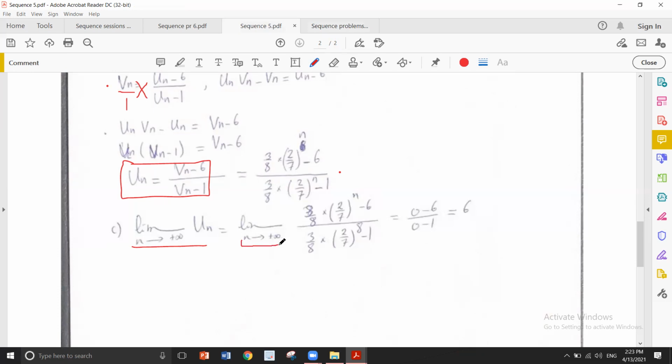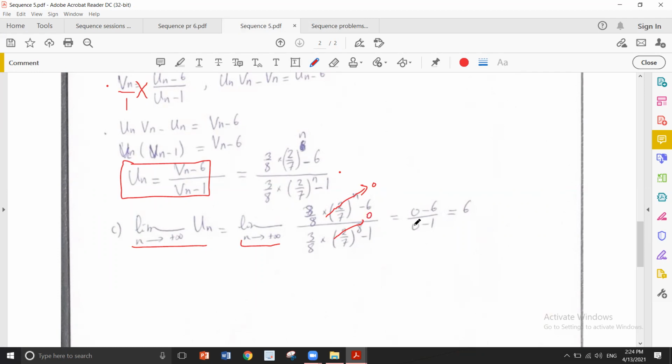The limit as n tends to plus infinity of un equals the limit of 3 over 8 times (2 over 7) to the power n minus 1, over 3 over 8 times (2 over 7) to the power n minus 1. Here 2 over 7 is between 0 and 1, to the power infinity gives us 0, and this one also 0.